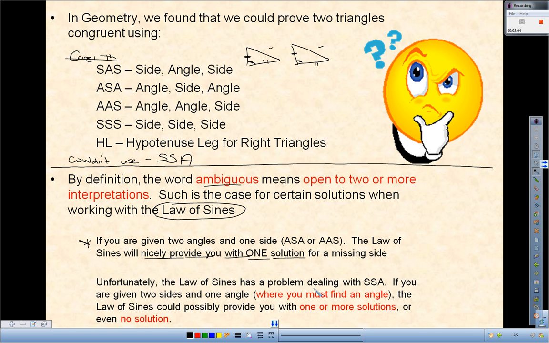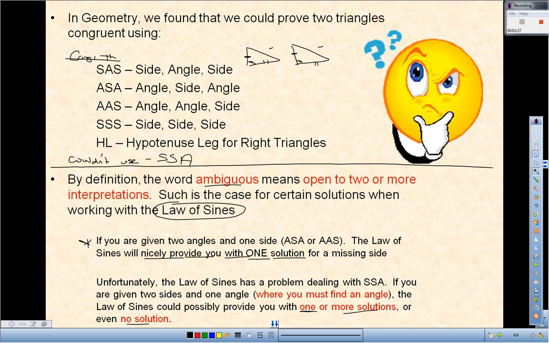Unfortunately, the law of sines has a problem dealing with the SSA. If you are given two sides and one angle, where you must find an angle, the law of sines could possibly give you one or two solutions, so one triangle or two triangles, or even no triangle at all. So you have to be very careful.